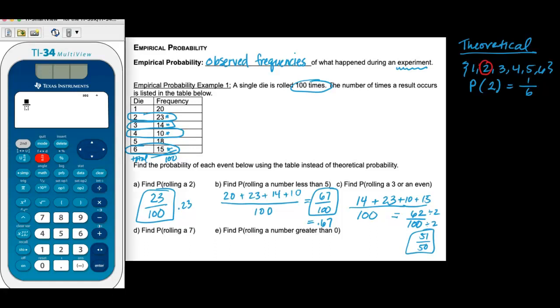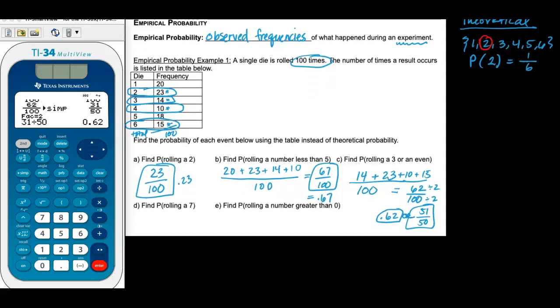We could use our calculator and do 62 over 100 and then hit the simplify button and get 31 out of 50. We could also divide in our calculator, which we really didn't have to do because with 62 over 100, we know that we can easily write the decimal for that as 0.62. So 0.62 or 31 over 50 would be the best ways to write those answers.